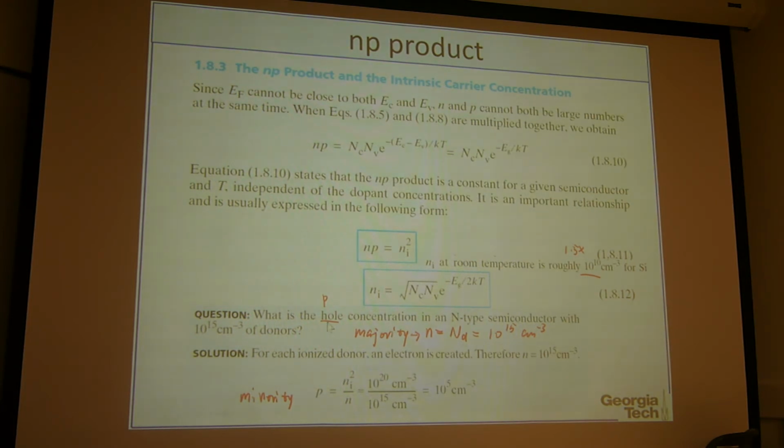So if we change this question, if the donor density becomes 10 to the power 16, you can easily get the hole density 10 to the power 4, because 4 plus 16 equals 20, because that sum is a constant.